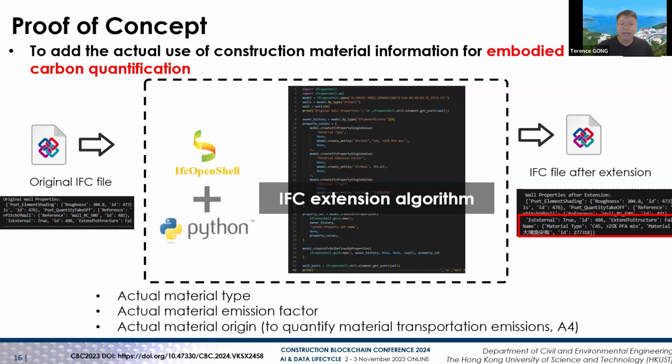Here, we can get the actual material type, actual material emission factor, and also the actual material regions, which can provide more information for A4 or A5.